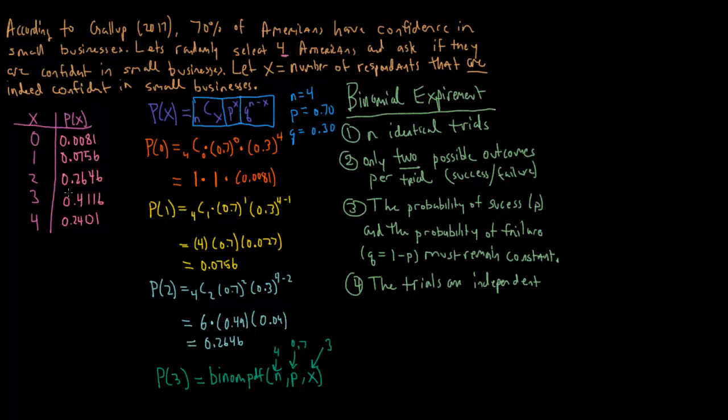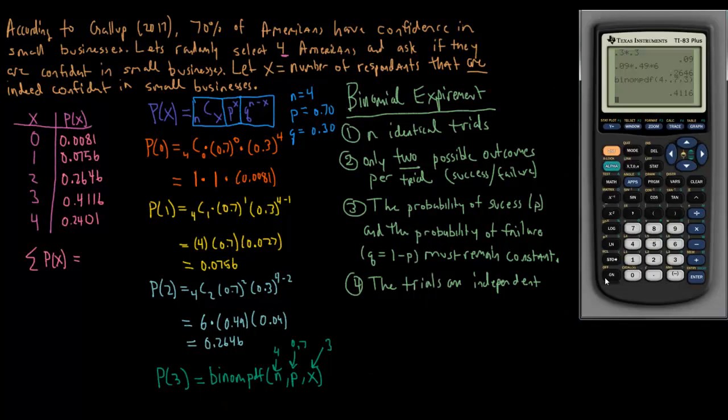Now, let's double check ourselves. Of course, the chart just told us we were correct. But remember, you always want to double check yourself by looking at the sum of the probabilities. Add all those up and see if you get 1. If you get 1, you're good. If you don't get 1, then you made a mistake somewhere.